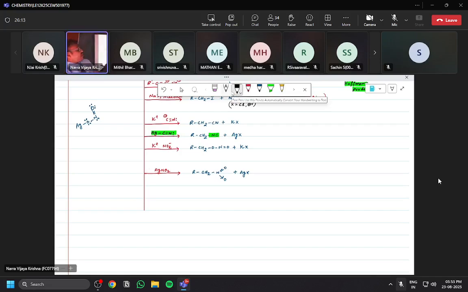Among these two, which is called nitroalkane? The second one is nitroalkane. The first one is alkyl nitrite, and it exists as NO2 minus, so it is called alkyl nitrite. This is called nitroalkane.